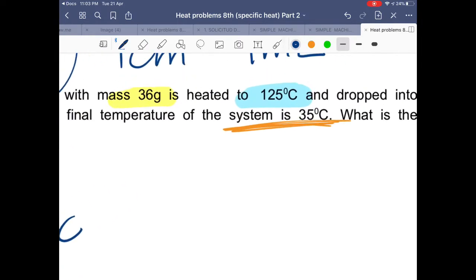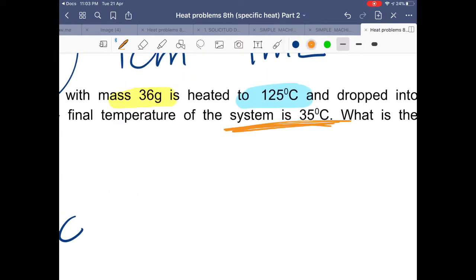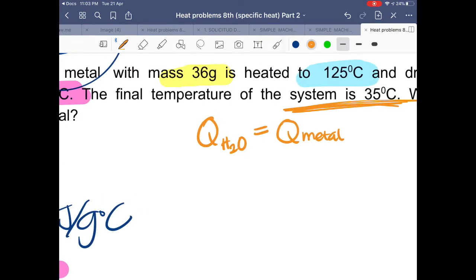So we already know that the heat that the water absorbs is the same as the heat that the metal, which we don't know which one it is, releases. So we put mass times specific heat times delta of temperatures equals mass times specific heat times delta of temperatures.